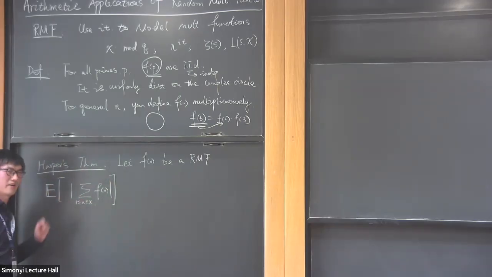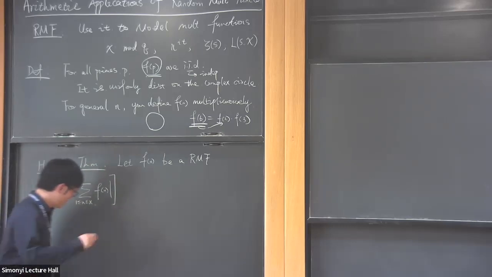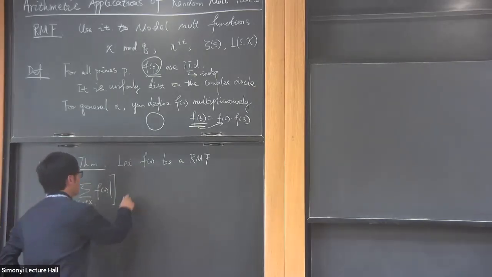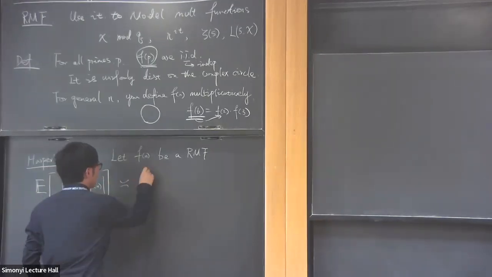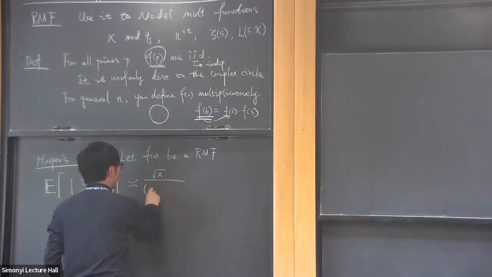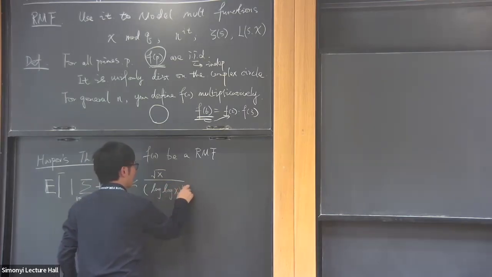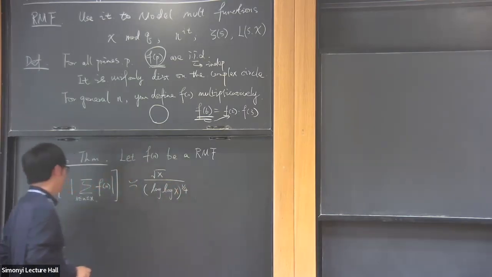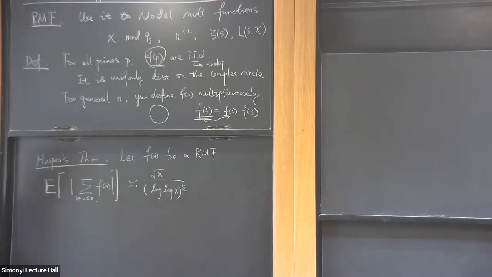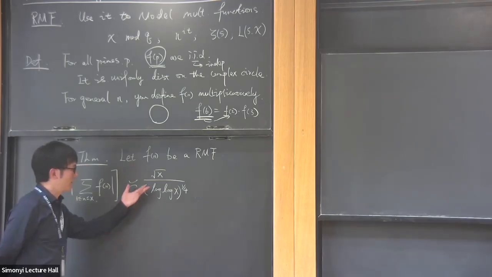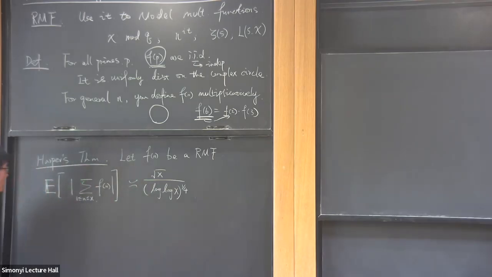Each of them is a random variable distributed on the complex unit circle. Your first guess would be that you should compare this size with the square root of x. But he proved something quite surprising: it's square root of x divided by (log x) to the one quarter, up to a constant. This confirms a conjecture of Helson. Helson's conjecture is that it is little o of square root of x. So this is a better than square root cancellation phenomenon.